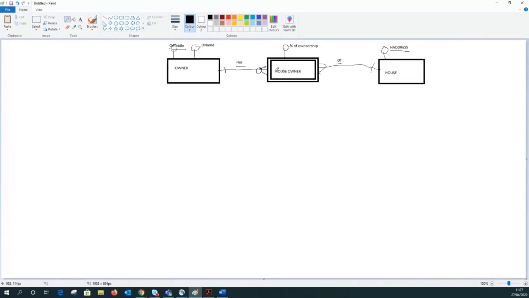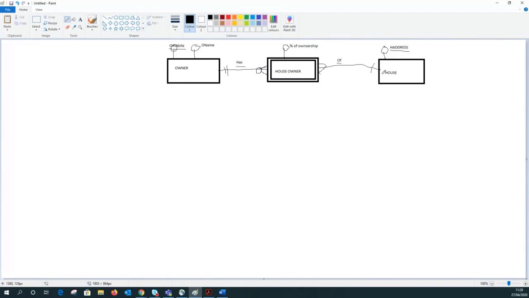But if you go from right to left, if you have some ownership, that ownership must be allocated to one owner, because we can't have ownership information without an owner, isn't it? So the constraint on that left-hand side is mandatory.